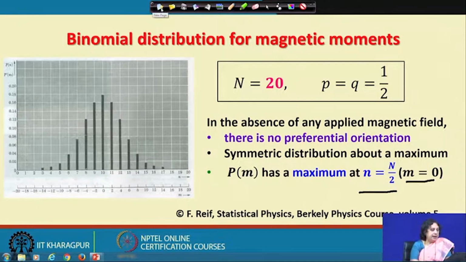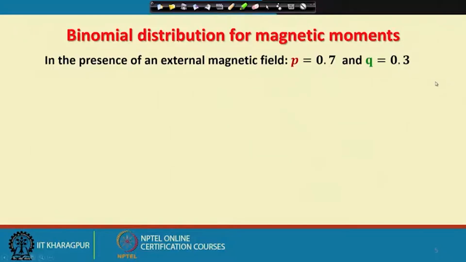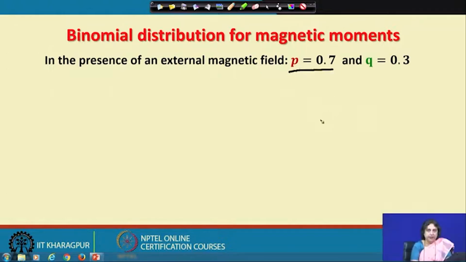At this point the question is, what happens if the two orientations up and down are not equally probable? In that case, you can consider the situation where you have applied an external magnetic field, and because of that you now have a situation where P is equal to 0.7 and Q is equal to 0.3.